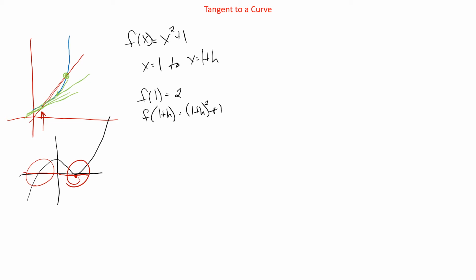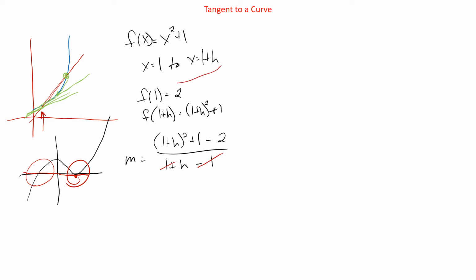And now we just find the slope. So our slope is still going to be f of 1 plus h minus f of 1. So we'll have 1 plus h squared plus 1 minus 2, over 1 plus h minus 1. What I want you to notice first is that in the denominator, those two go away, so it's just h.